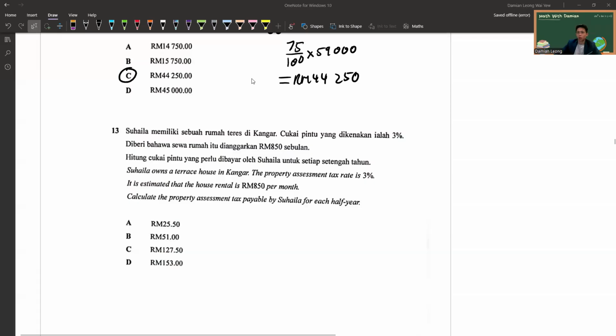And question 13. Suhaila owns a terrace house in Kanga. The property assessment tax rate is 3% and it's estimated that the house rental is 850 ringgit per month. Calculate the property assessment tax payable by Suhaila for each half year.